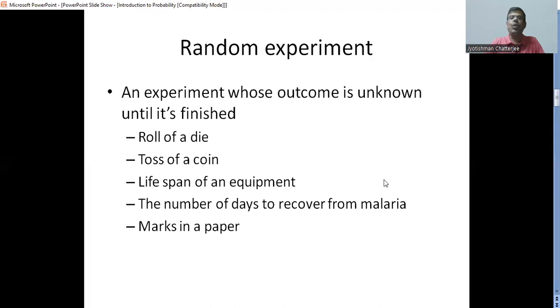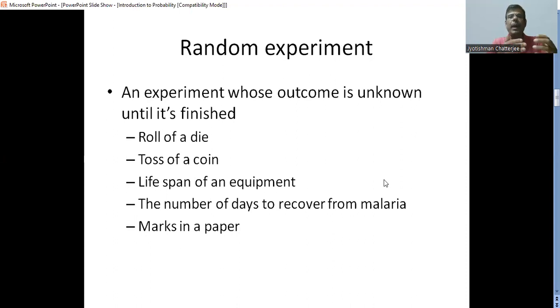Now let's slowly get into the formal framework of dealing with probability. First such thing is random experiment. What's a random experiment? It's an experiment whose outcome is not known until the experiment is performed.